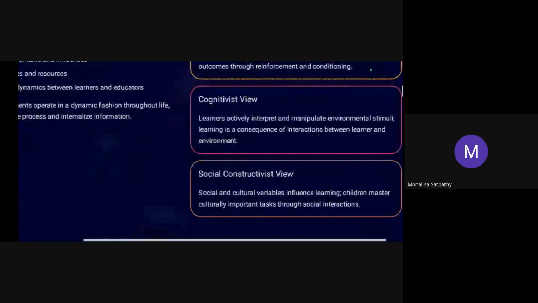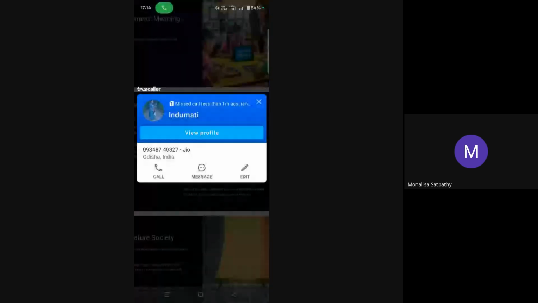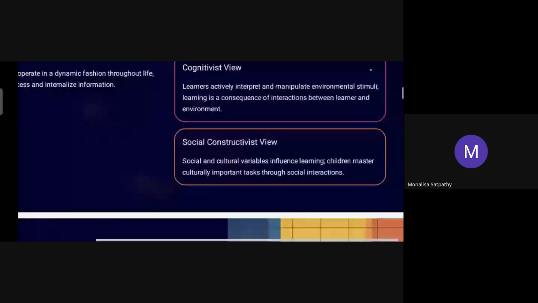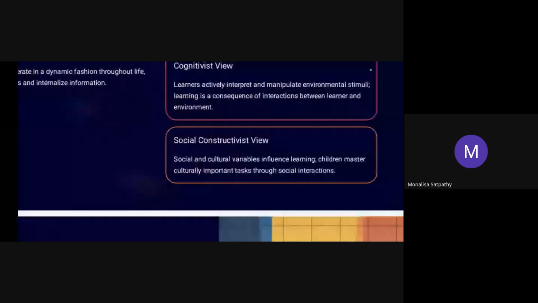Then talking about the social constructivist view, they have mentioned that society is everything, our environment is everything, and we learn only by interacting in the society, with the different members of the society. Social and cultural are two important variables which affect the process of learning, and children get mastery over learning if they interact properly with the society and the culture.